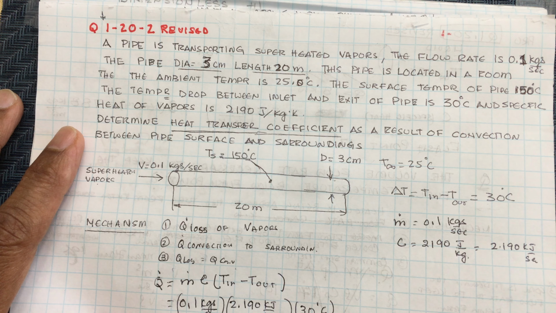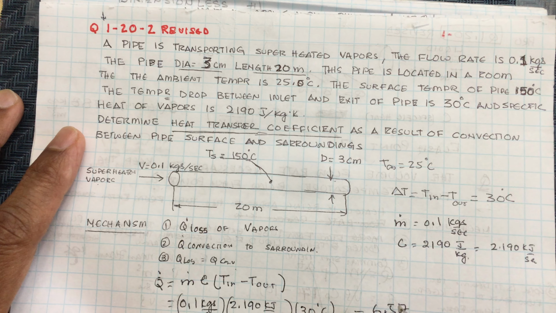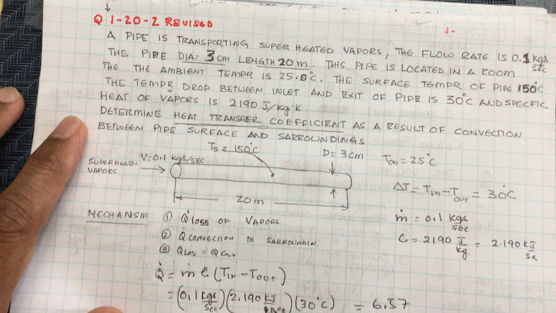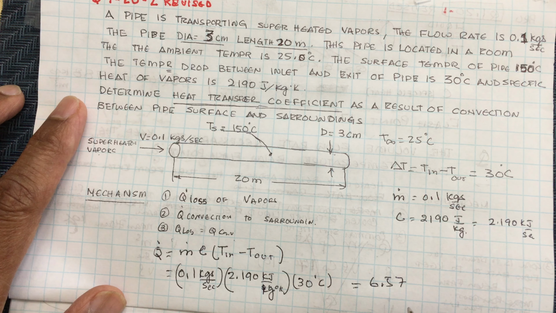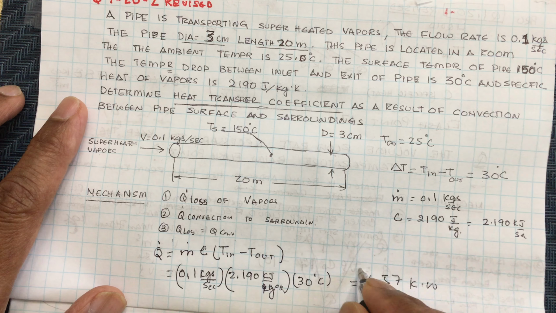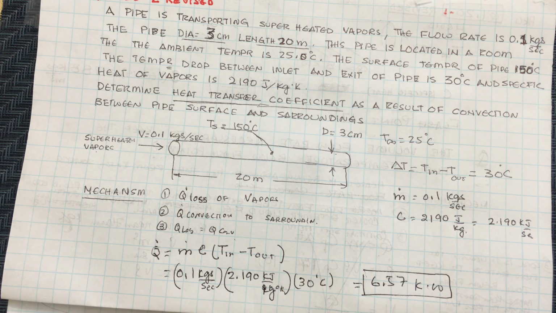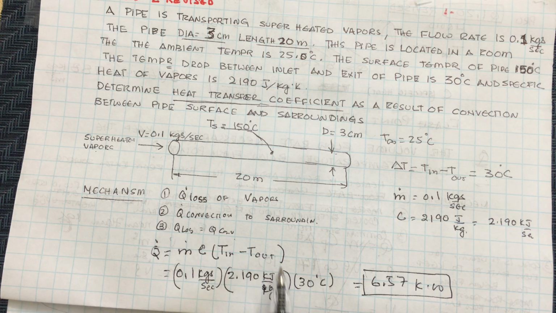So if you simplify this problem, it will come up to be 6.57 kilowatts. So that is the heat loss, Q loss. We found out 6.57 kilowatts. So now we need to find out Q convection. So we said Q loss equal to Q convection.